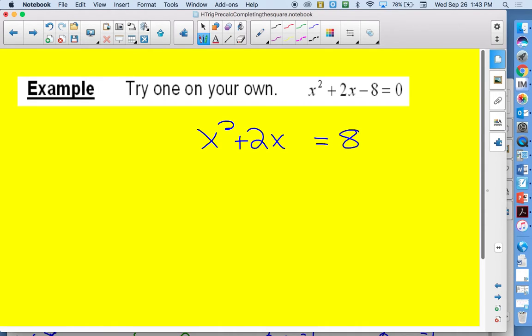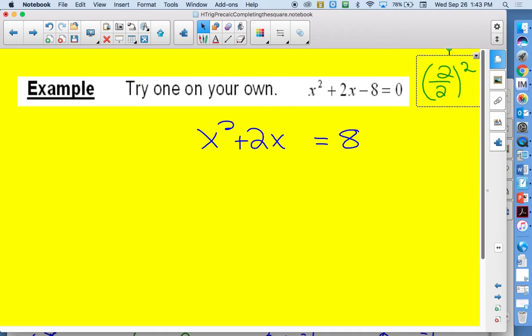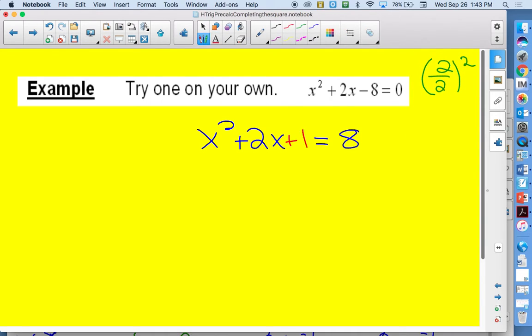Always add c to the other side. Then you take your b value, the middle value, divide it by 2 and square it. So Michael, 2 divided by 2 squared is? 1. Add that to both sides. So now we need that quantity squared. Michael, what goes in the parentheses? It would be x plus 1. It would be.